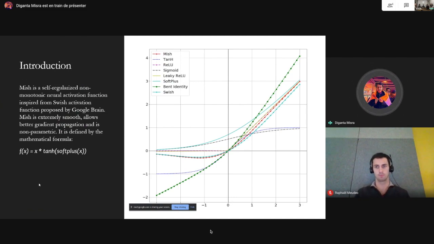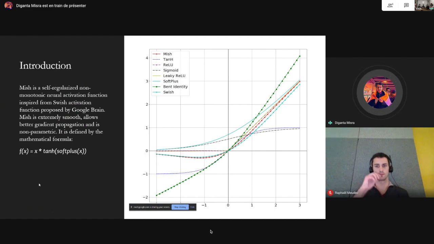In the case of Swish, it was input multiplied with sigmoid of input, while in the case of Mish, it is input multiplied with tanh of softplus of input, where softplus stands for the logarithm of 1 plus exponential of input. That's how Mish came into existence.